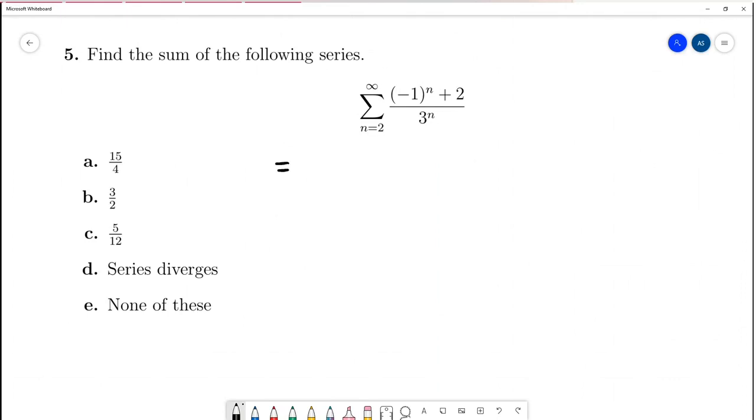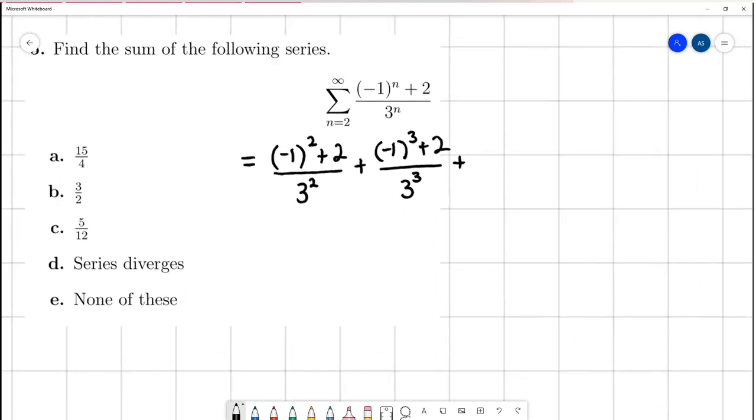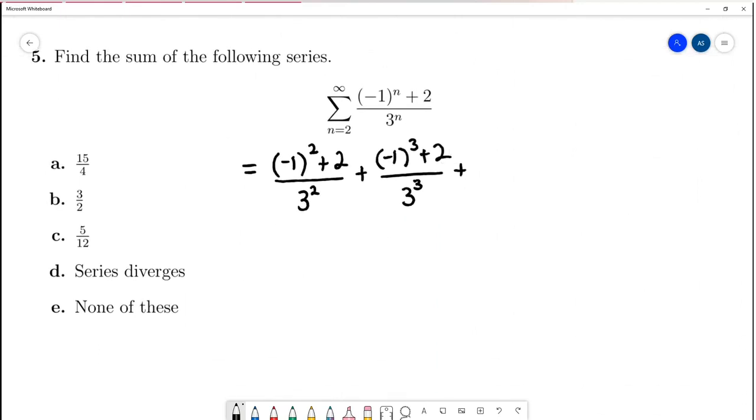If I let n equal 2, I'll have ((-1)^2 + 2) over 3^2, plus n equals 3, that's ((-1)^3 + 2) over 3^3. Let's write out a few more terms and then we'll simplify to see if we see a pattern.